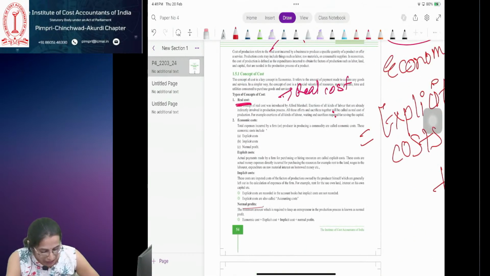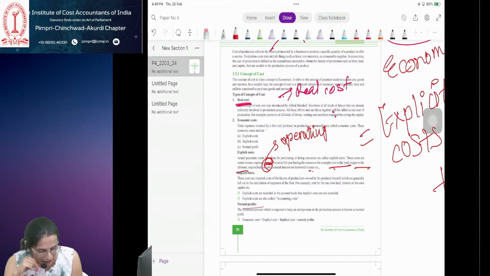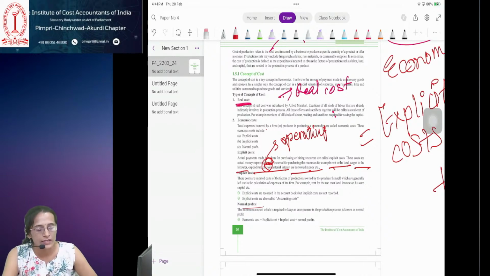Explicit cost: actual payments made by a firm for purchasing or hiring resources are called explicit costs. These are actual money expenses directly incurred for purchasing the resources, for example rent of land, wages to the laborer, expenditure on raw material, interest on borrowed money. Clear on the concept of explicit cost?